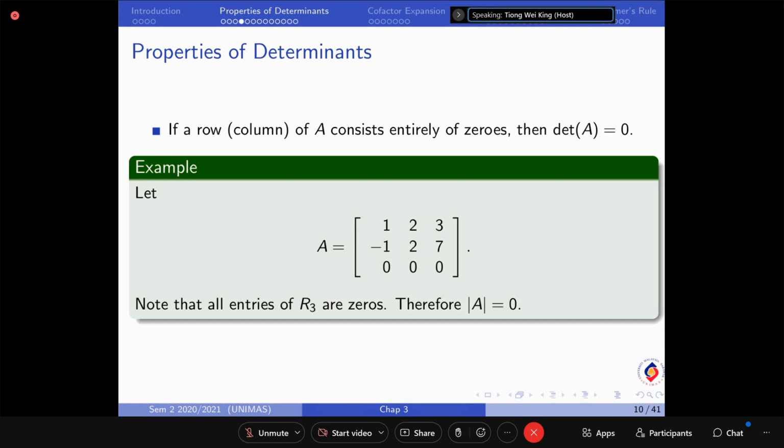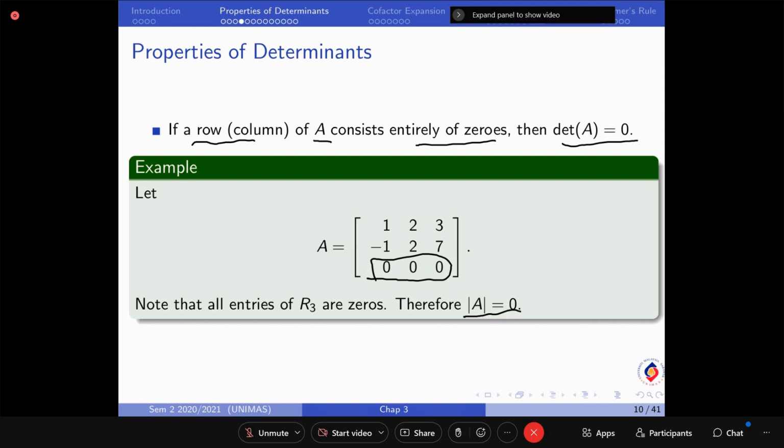Okay, next: if a row or column of A consists entirely of zeros, then determinant A equals 0. For example here, row 3 is all zeros, so determinant of A equals 0. This is very simple to understand.